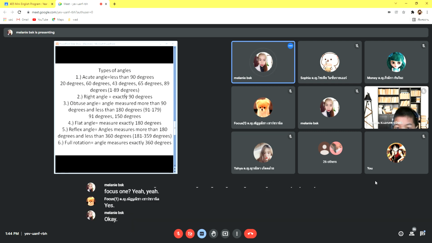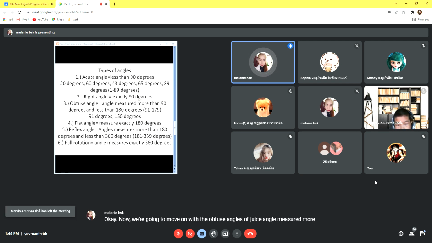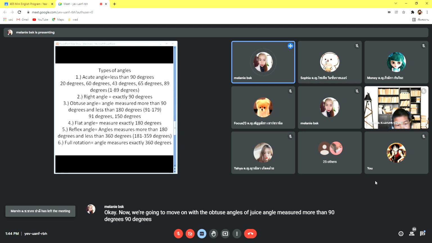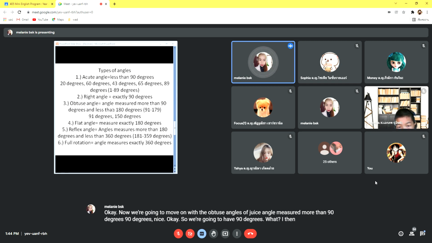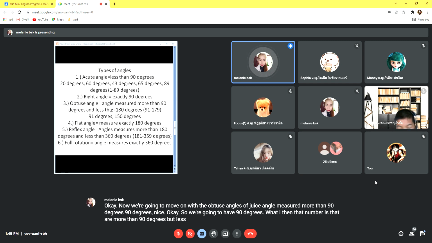Now we're going to move on with the obtuse angle. An obtuse angle measures more than 90 degrees. What are the numbers that are more than 90 degrees but less than 180 degrees?